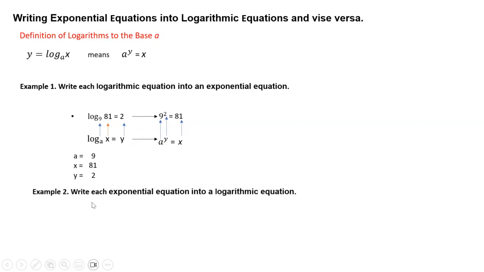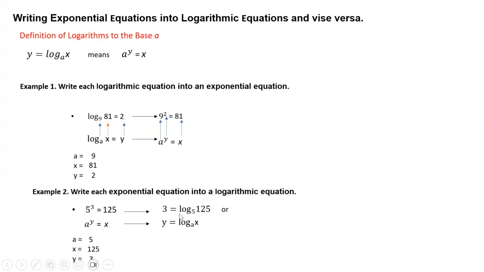Now we're going to go the other way. Write each exponential equation into a logarithmic equation. So again, we have to know what the a, the y, and the x is. My a is going to be 5, my y is 3, and my x is 125. So it's going to give us 3 equals log base 5 of 125.